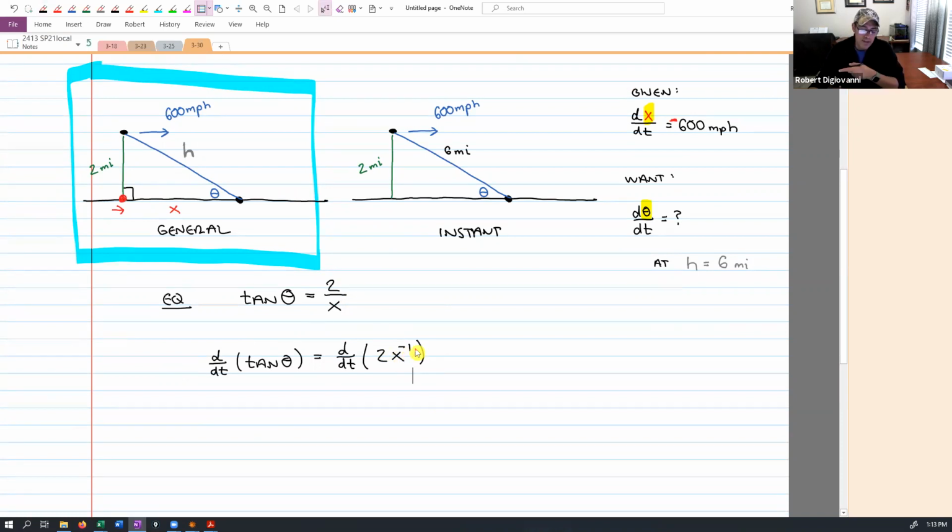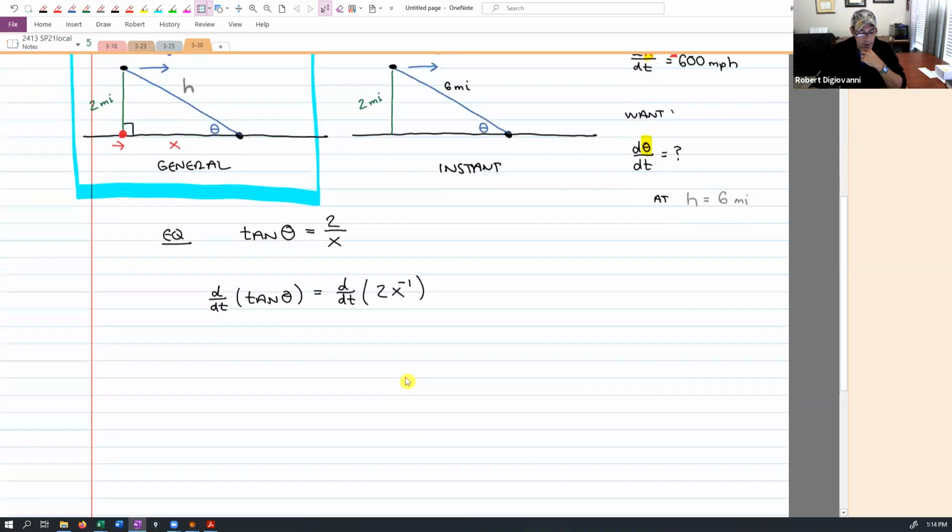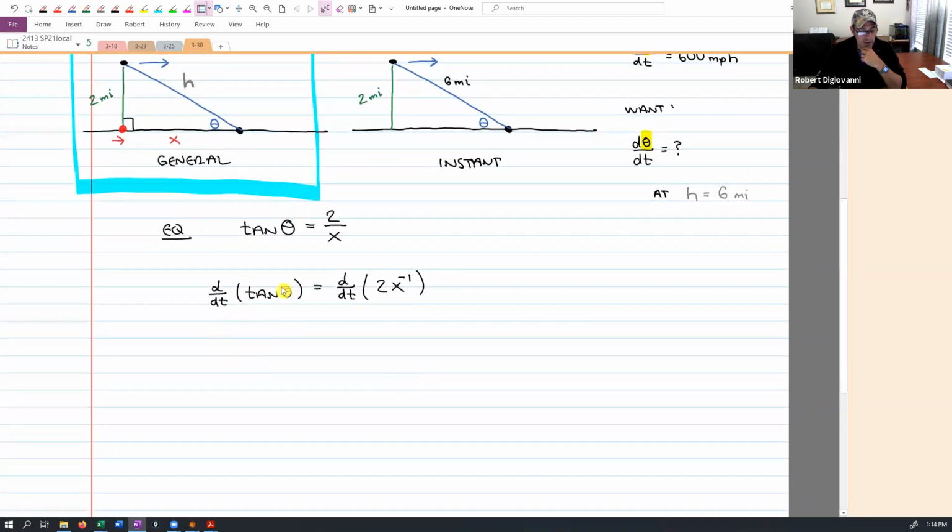And I'm doing that because I want to be able to use the power rule when I take the derivative of x, right? The negative 1 will come out and all that stuff. You could do quotient rule, but this is faster. Okay, this is much quicker to do. All right, who wants to give me the derivative of the left side with respect to t?